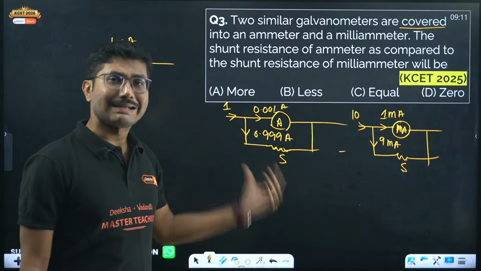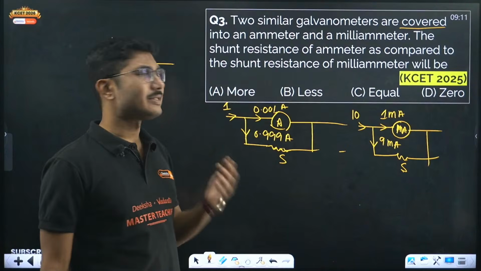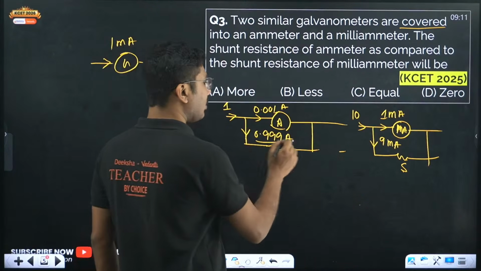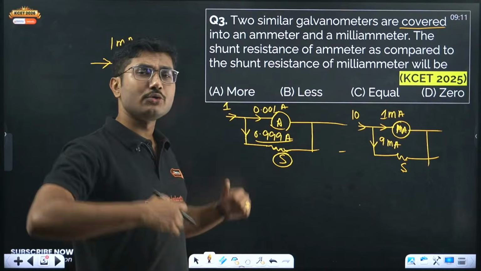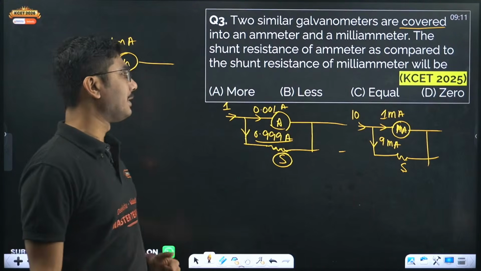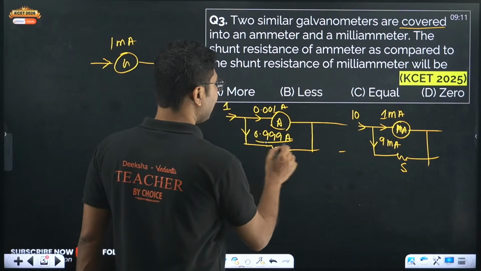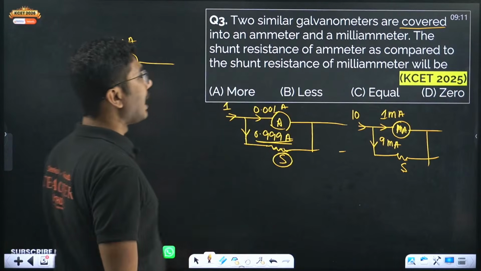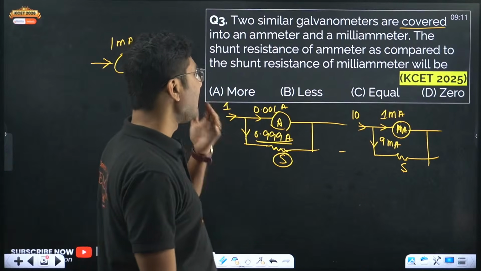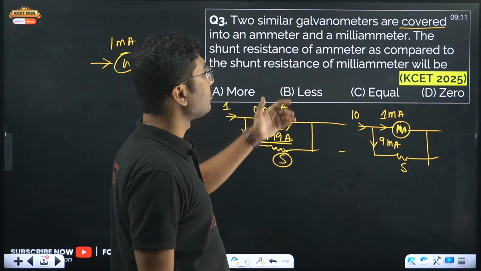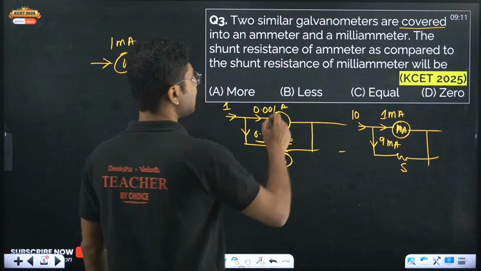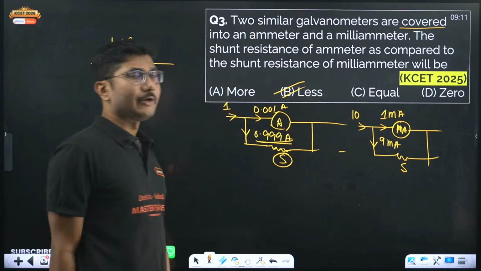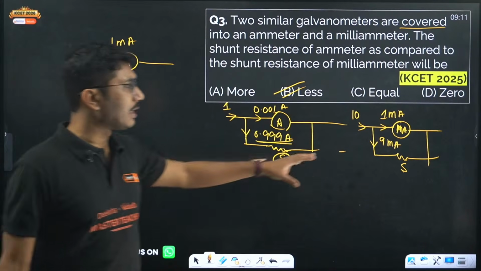So for less current we require higher resistance, and for higher current we require very small resistance. The smaller the resistance, the more current passes through it. That means the ammeter will have a shunt resistance much smaller compared to the milliammeter.